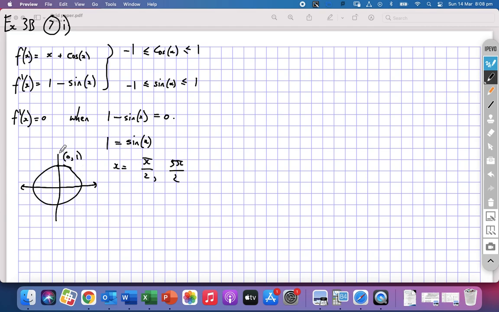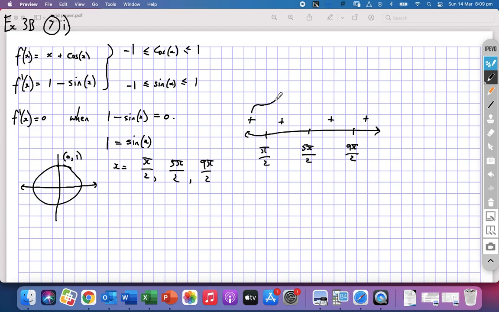Go around again, 9 pi on 2. I could put those values on a sign diagram. So let's do that. We'll just put 3 on. But what you're going to find is between these stationary points, it's always going to be positive because we've got points of inflection.